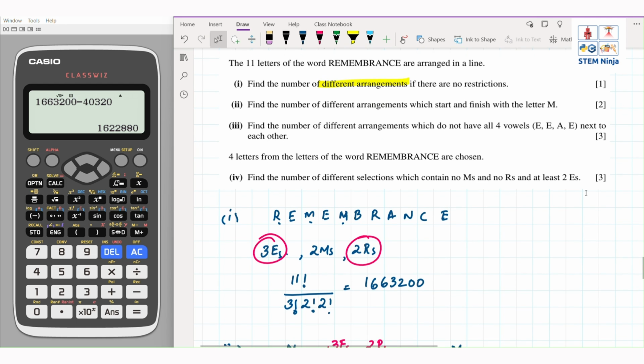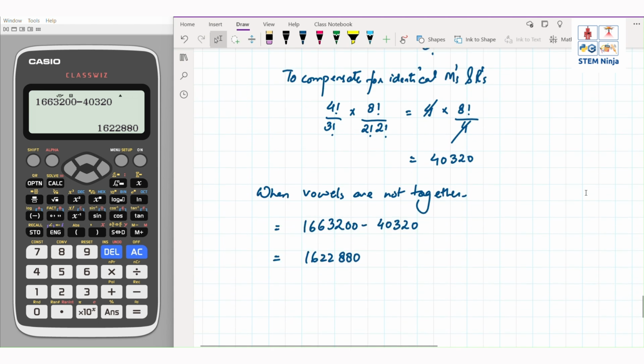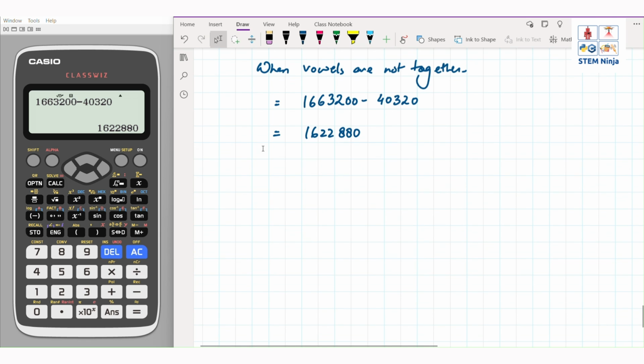That means in total what we have, from the word remembrance, let's write over here, remembrance. So this is gone, this is gone, this is gone, this is gone.